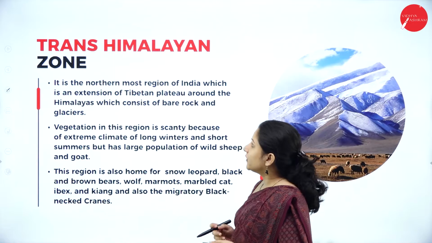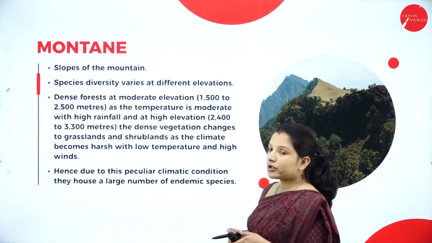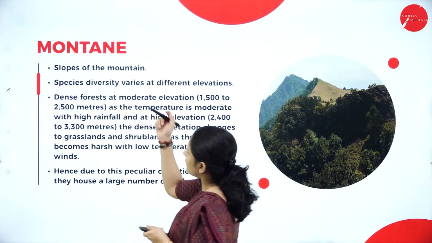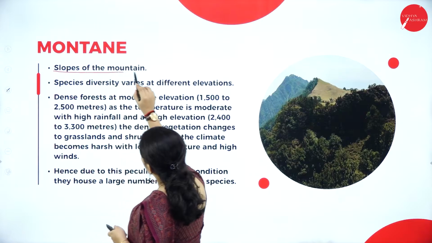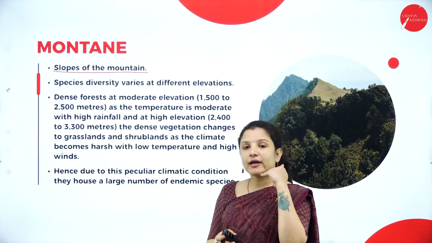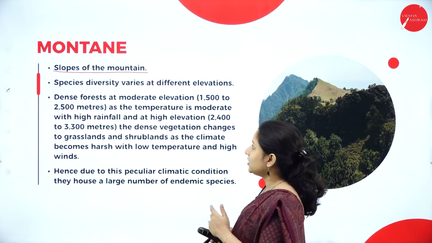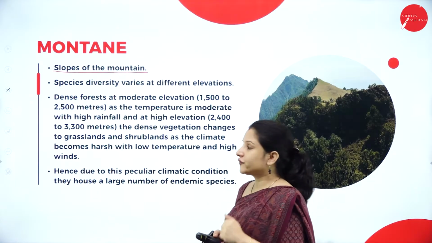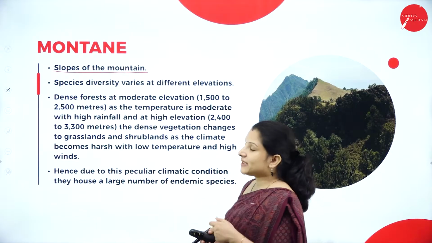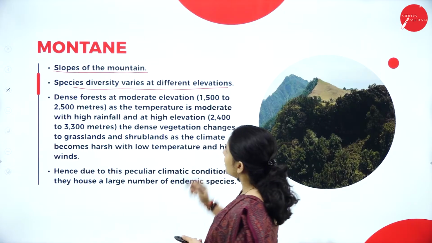Next, moving further, we'll talk about the montane region. As the word suggests, it is the slopes of the mountain. The montane region lies at a higher elevation above the lowland or above sea level, and it contains the slope of the mountain. Here species diversity varies at different elevations in the mountain.